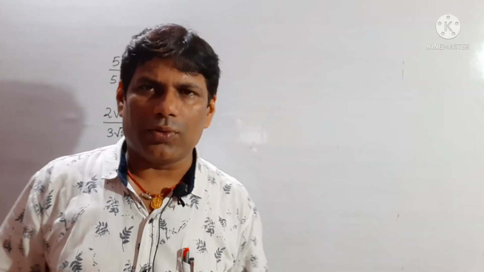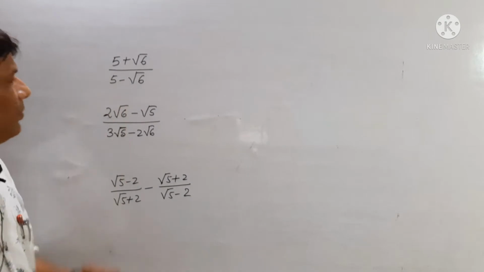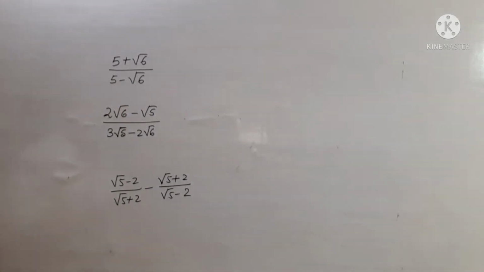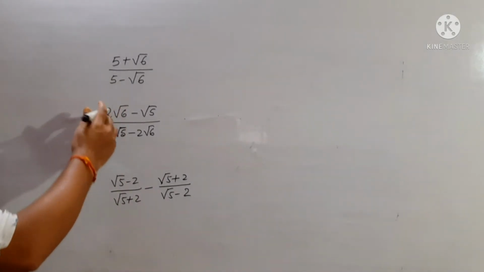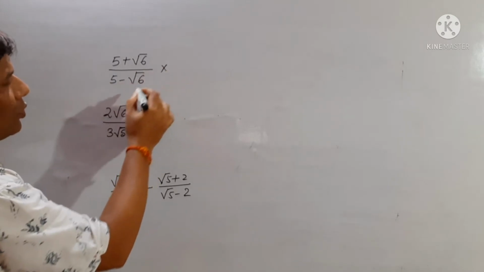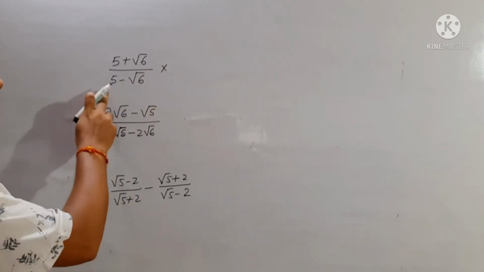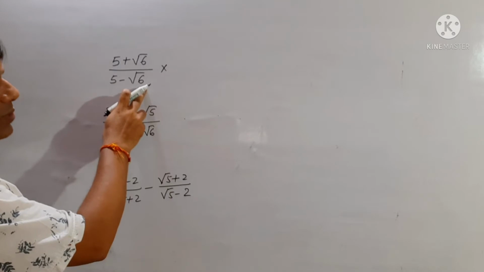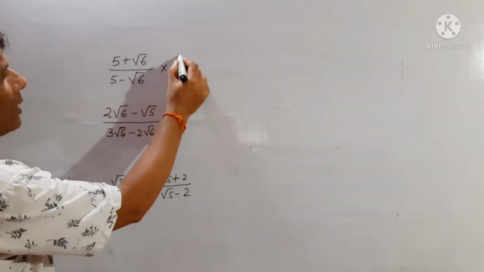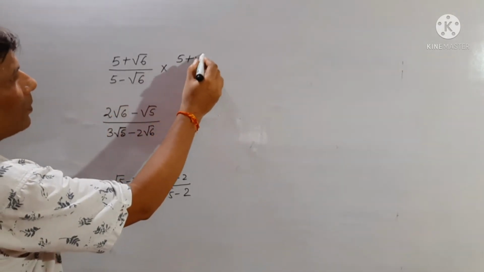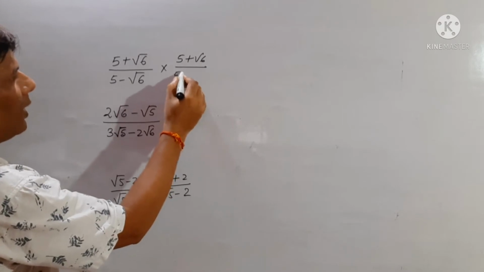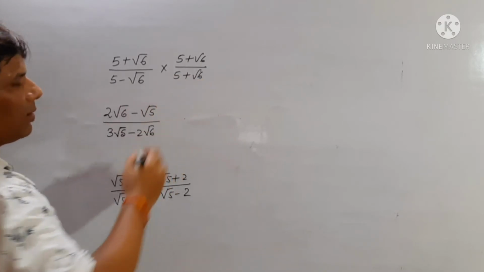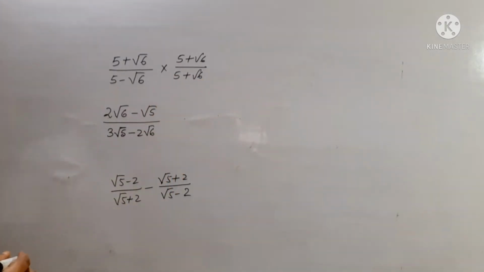Based on rationalization, we have a few more questions. Let us see: 5 plus root 6 by 5 minus root 6. We have to rationalize this number. So how to rationalize? Here it is 5 minus root 6, so we have to multiply the given number by 5 plus root 6 and divide by 5 plus root 6.